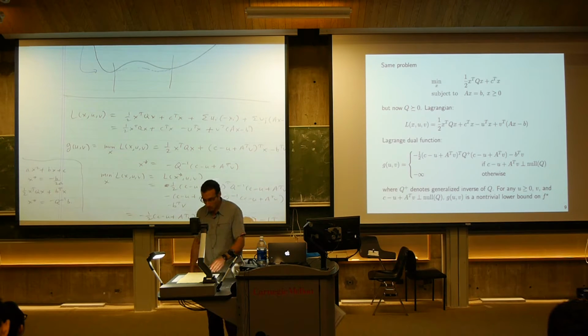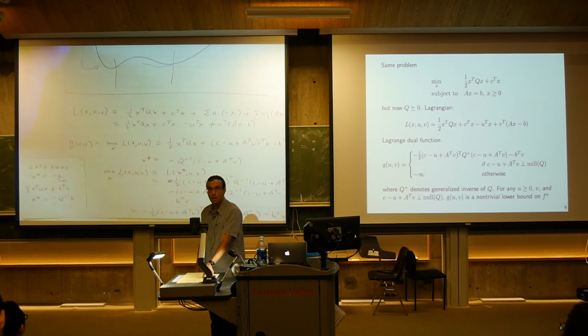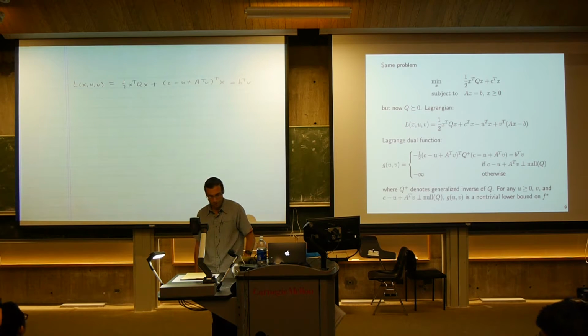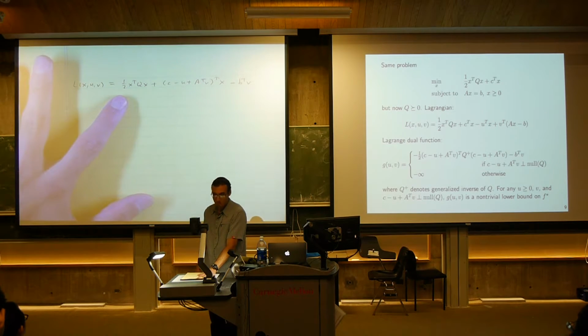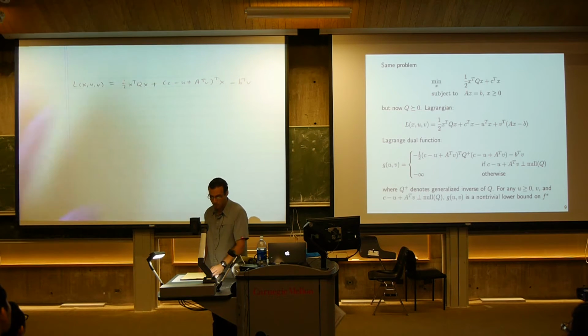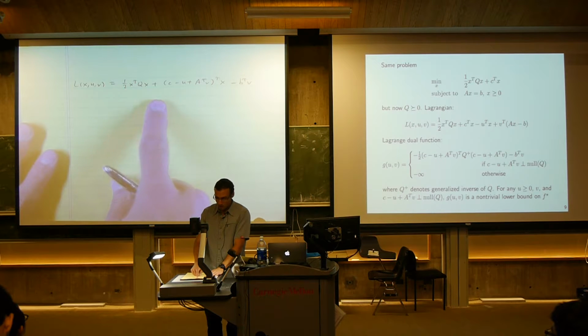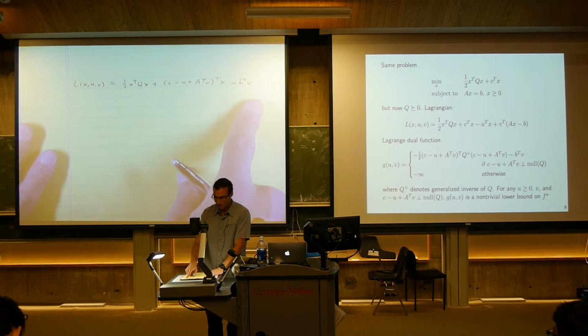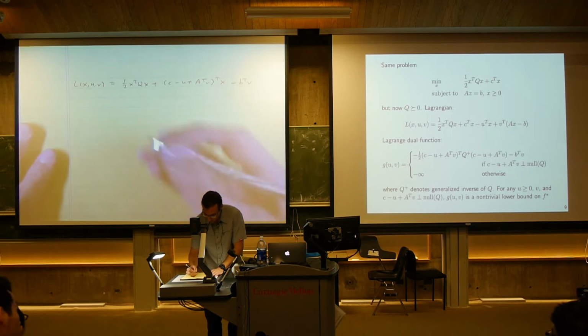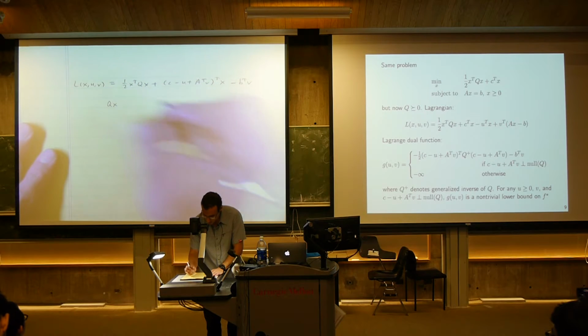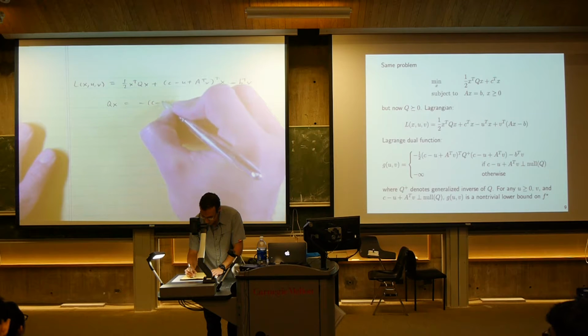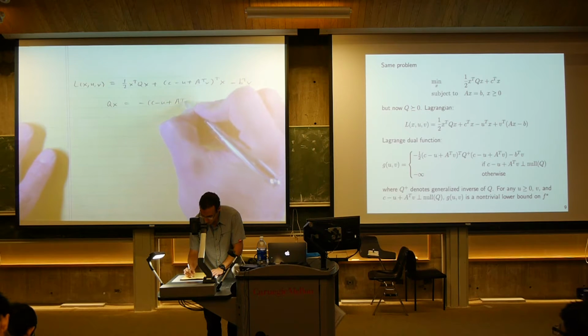So what happens if you try to minimize a quadratic that doesn't necessarily have an inverse? Well, this is still a convex function. We can still take its gradient and set it equal to 0, and we get Qx equals minus c minus u plus A transpose v.